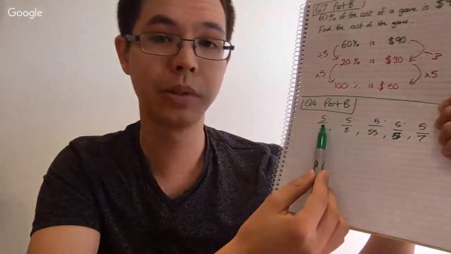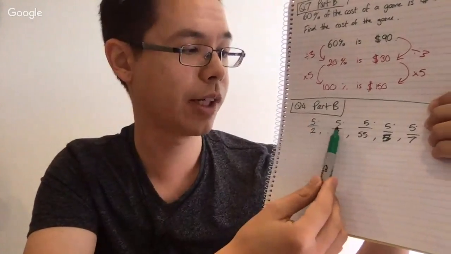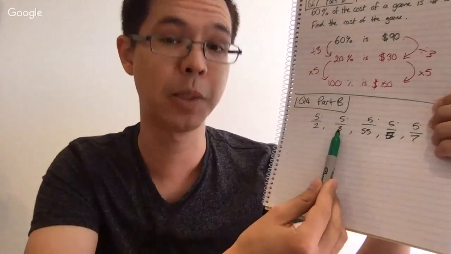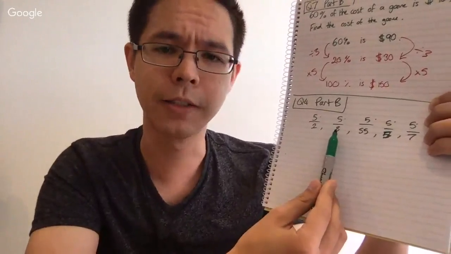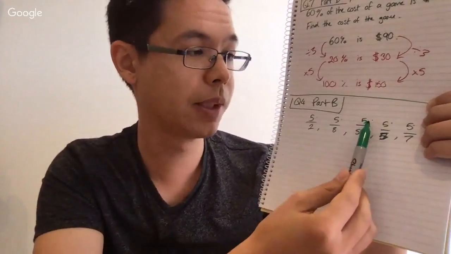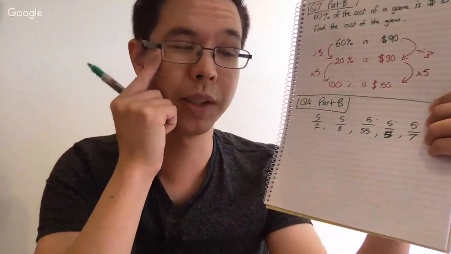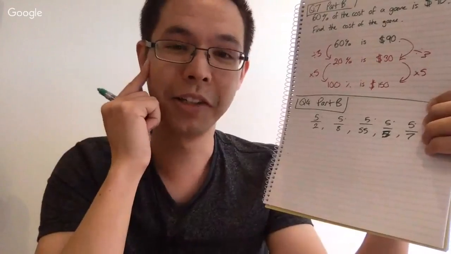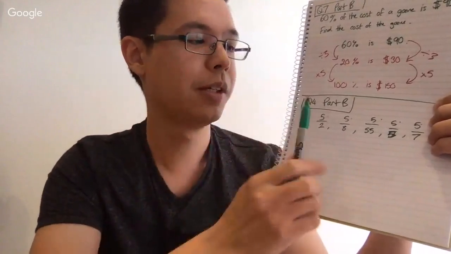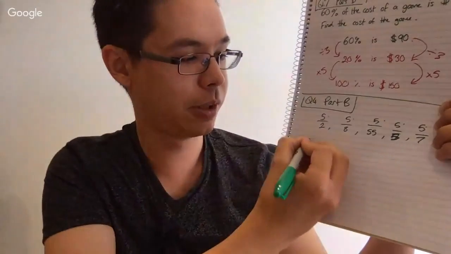I'll get a larger answer than if I try to get 5 pieces shared amongst 8 people. Each person's going to get less of a piece. Similarly, 5 slices divided by 55 people, my God, everyone's going to get like a crumb of whatever you're sharing.